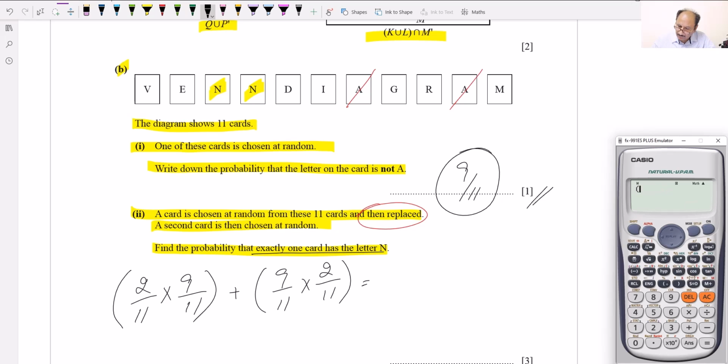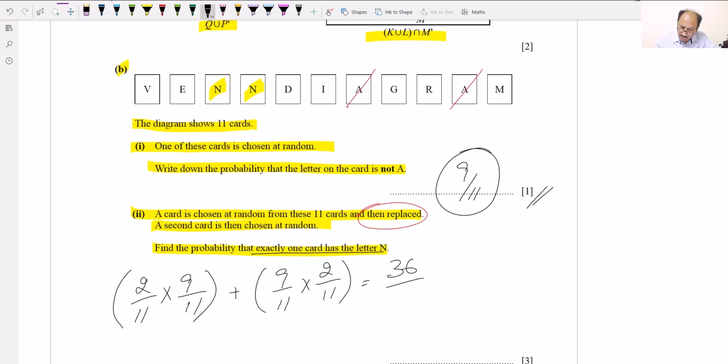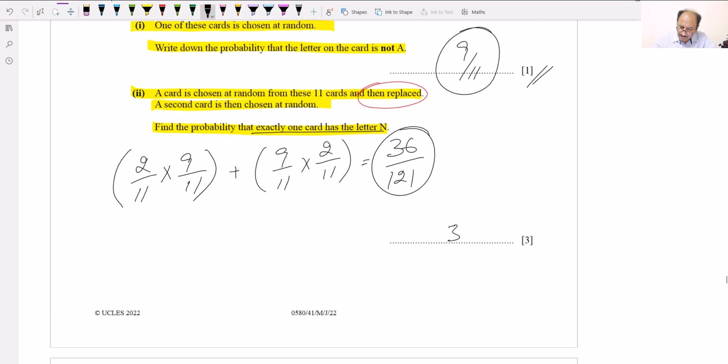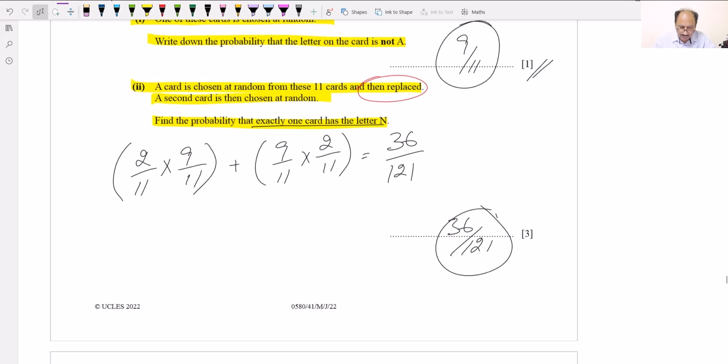It will be in bracket 2 over 11 into 9 over 11 and bracket close, plus 9 over 11 multiplied by 2 over 11 and bracket close, and this will be equal to 36 over 121. 36 over 121, this will be the final answer. For 3 marks we can write at the proper place, and this will be our final answer for 3 marks.